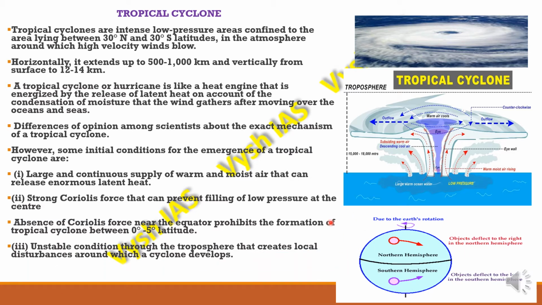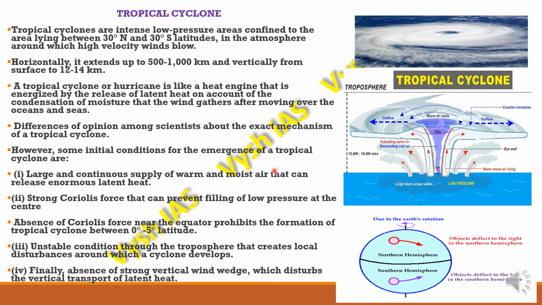Then unstable conditions through the troposphere will create local disturbances around which a cyclone will develop. And finally, the absence of a strong vertical wind wedge which disturbs the vertical transport of latent heat. So there will be this absence of a strong vertical wind wedge or a strong wind blockade.